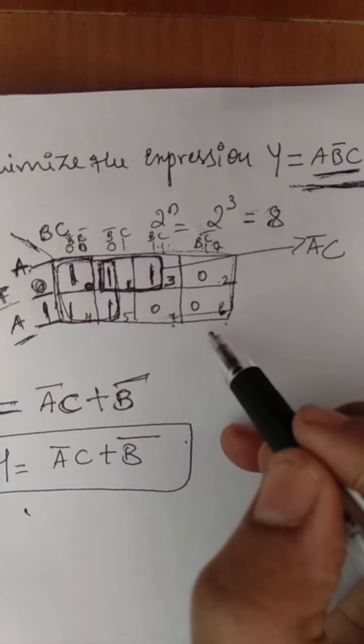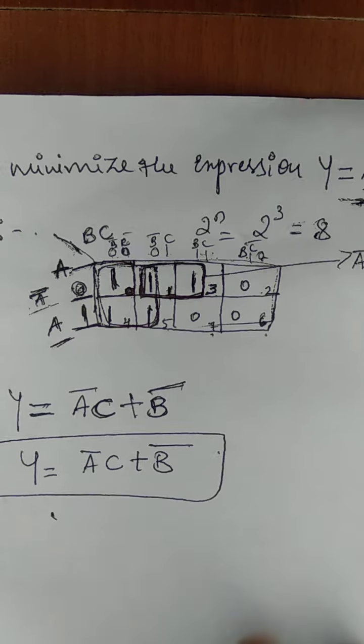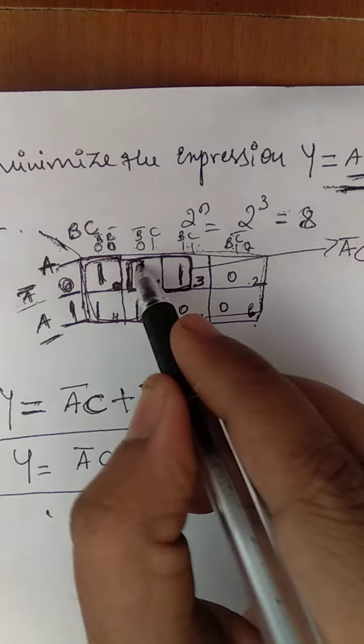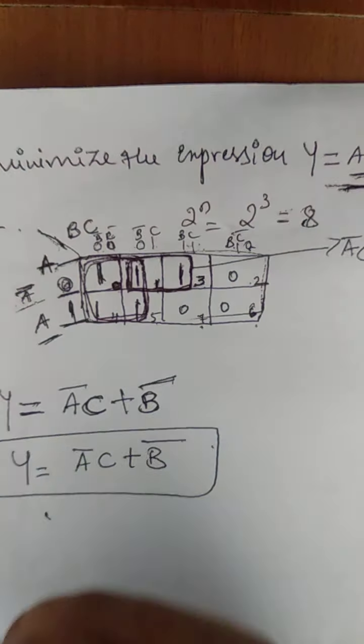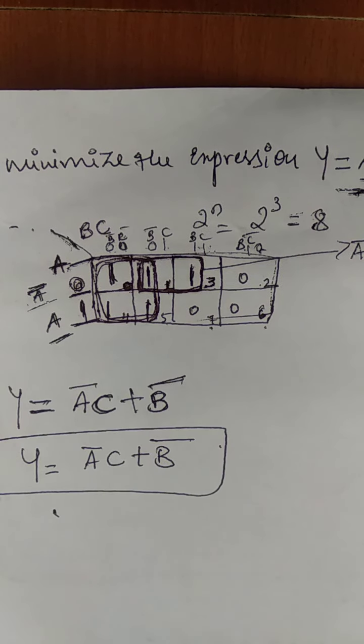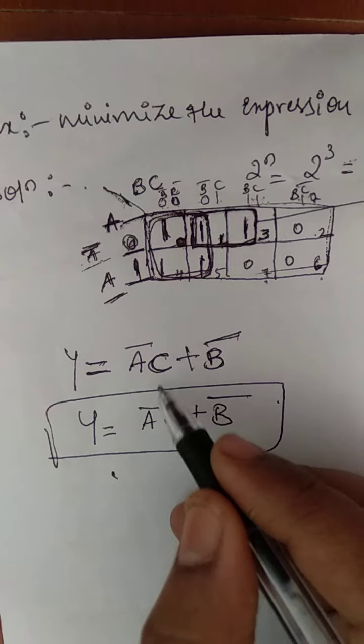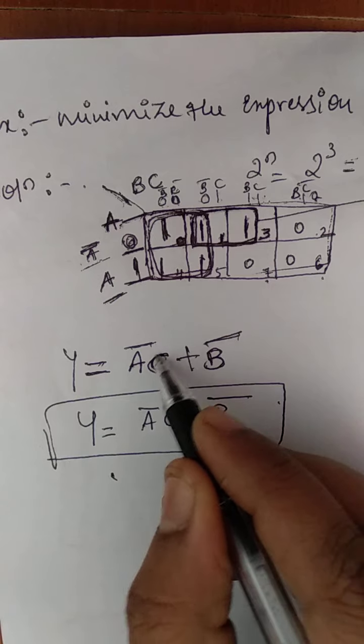Then next we have to put a value for the given expression. After that we have to group the cells. Once we have grouped the cells, then we have to write the final reduced equations.